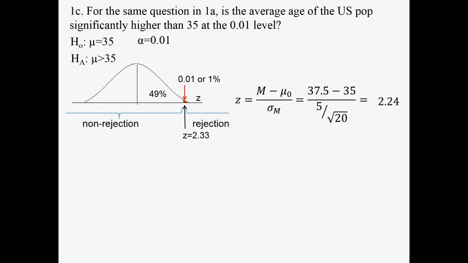Now 2.24 falls to the left of critical z-score 2.33, so it does not fall in the rejection region; it falls in the non-rejection region. From this point, we already know that we have a sample mean that does not fall in the rejection region. It's not regarded as a real event for the given null hypothesis. Therefore, for this question, we should not reject the null hypothesis.